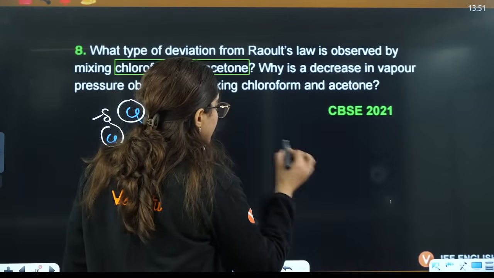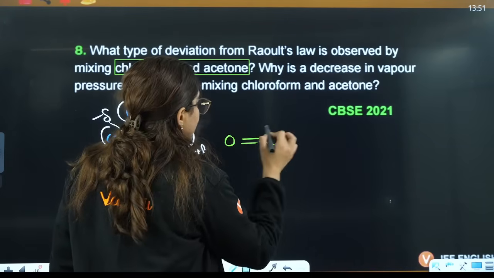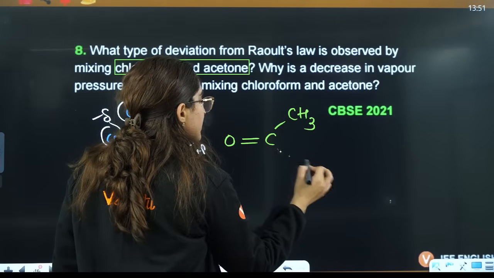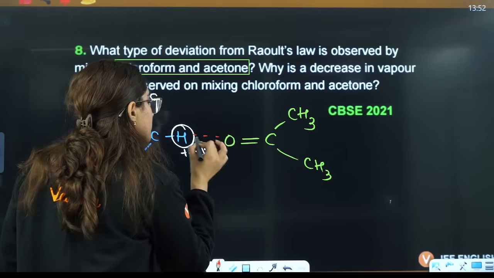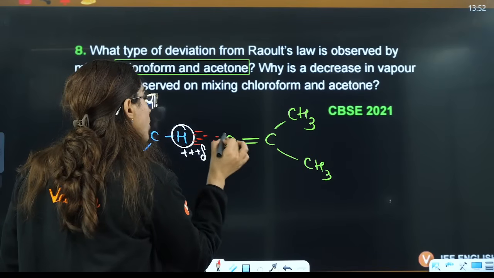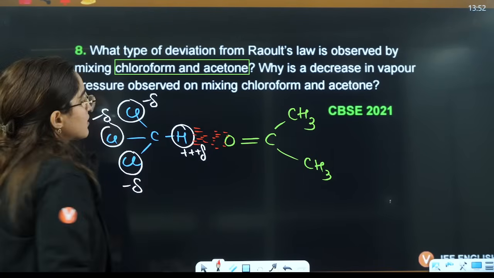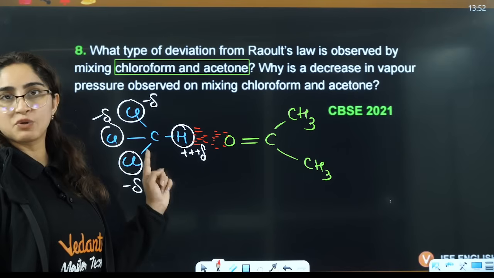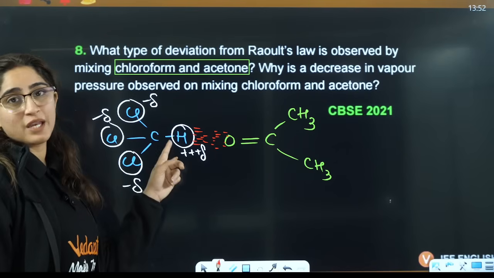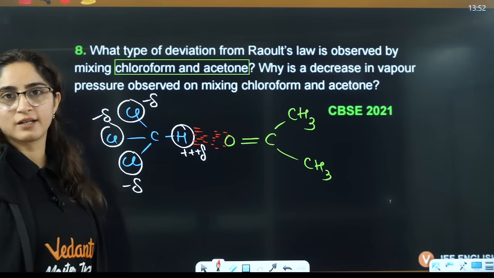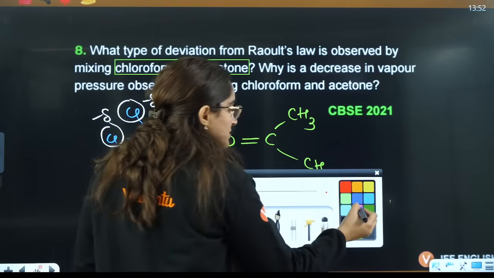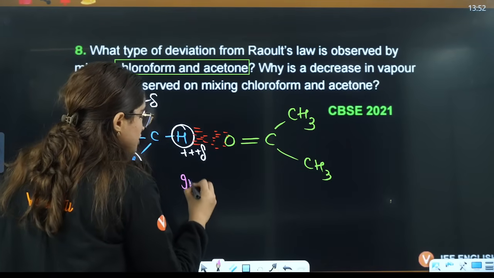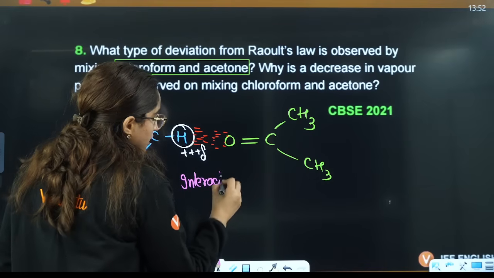And here you have acetone. Now it will start showing hydrogen bonding. Why is this hydrogen bonding different? Because this hydrogen is not directly connected to an electronegative element, but still it is very positive because of 3 Cl here. So that is why very strong hydrogen bonding is there. That is why interactions increase.